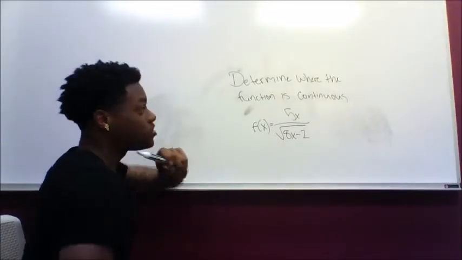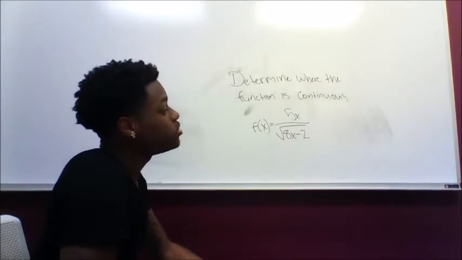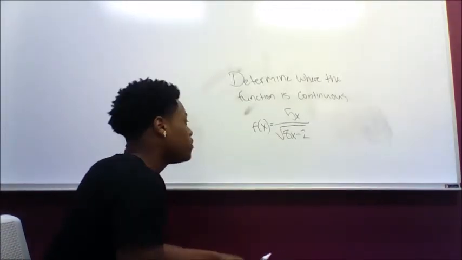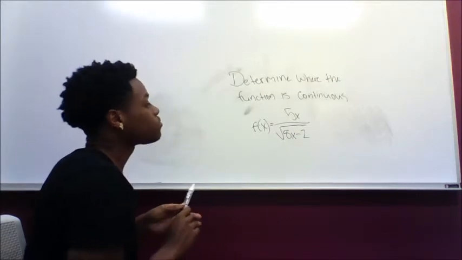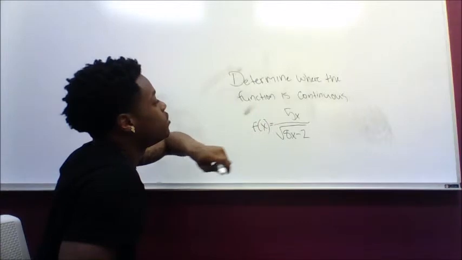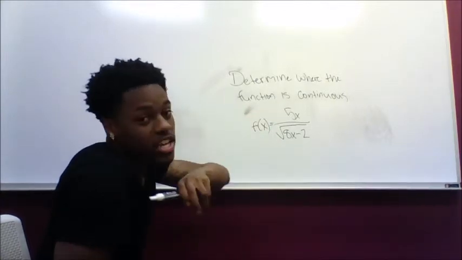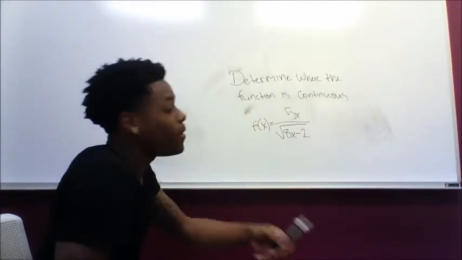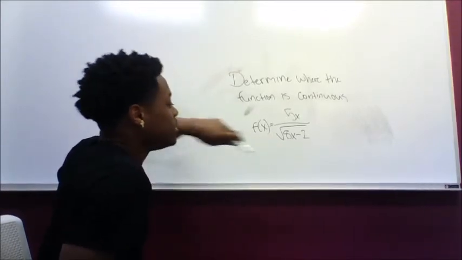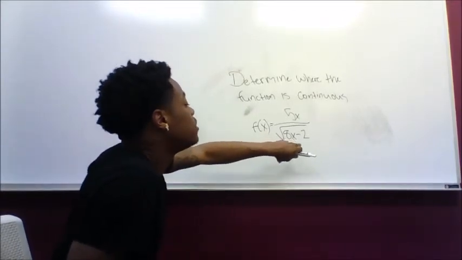Alright, number 6 asks us to determine whether the function f of x equals 5x over the square root of 8x subtract 2 is continuous. I see it's asking us to determine where the function is continuous, so that's basically just saying to find the domain. In the denominator, I see the square root of 8x subtract 2.